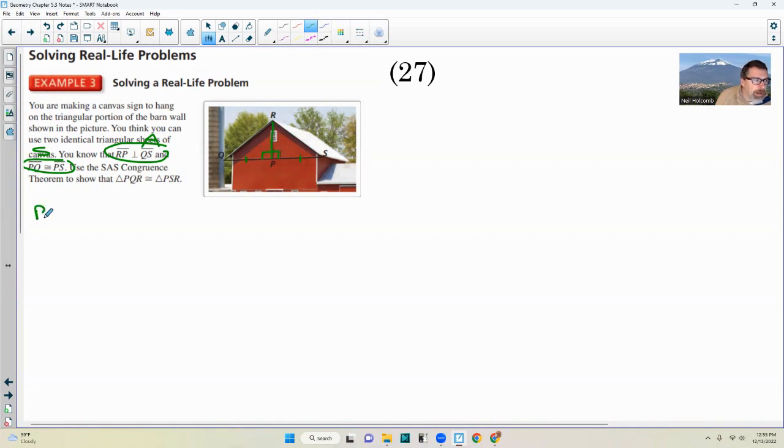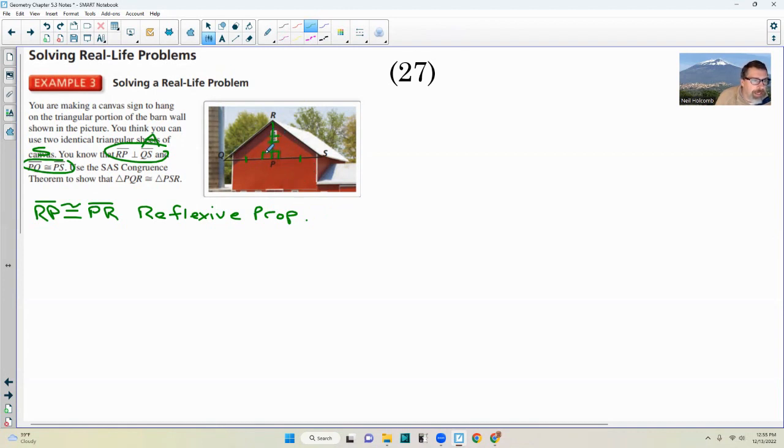So now I can say RP is congruent to PR, and that's because of the reflexive property. Okay, so this is congruent to itself.